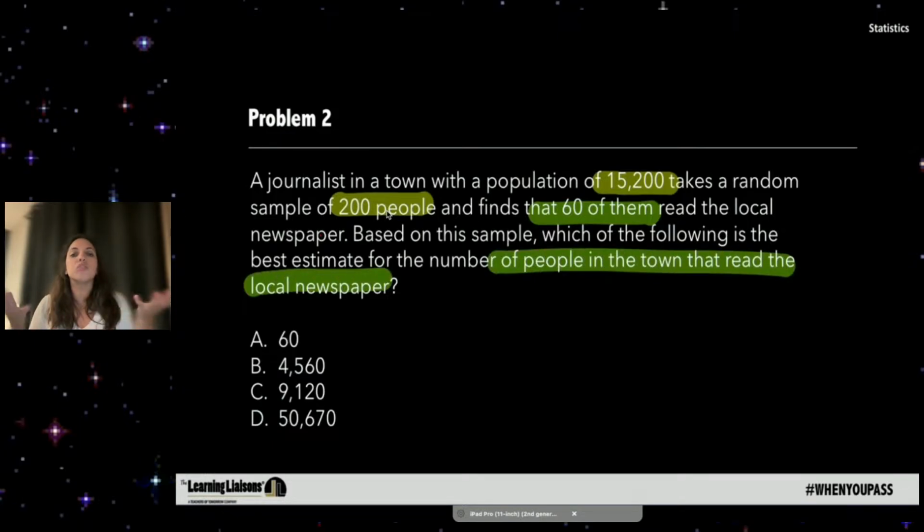So in this case, we're just going to set up a proportion. When we have a proportion, one side has to equal the other.